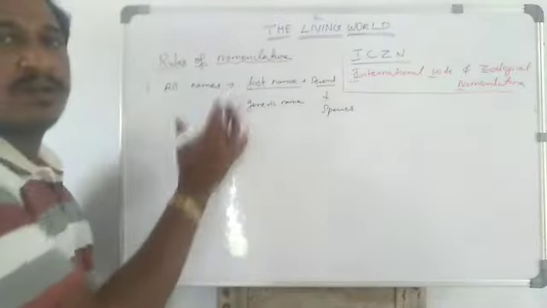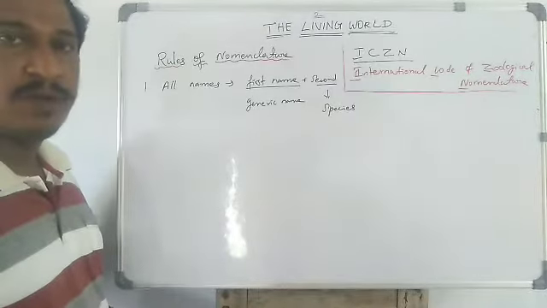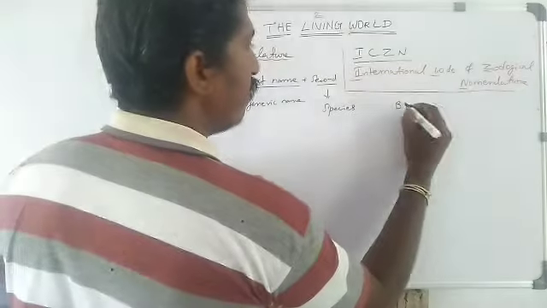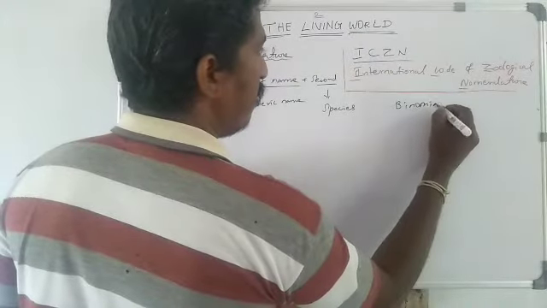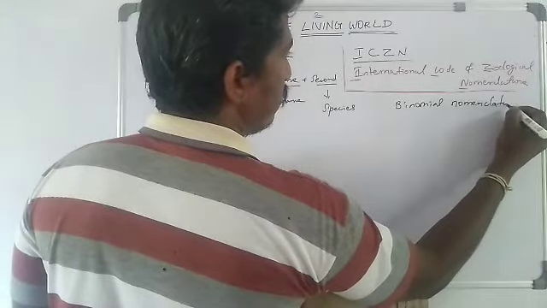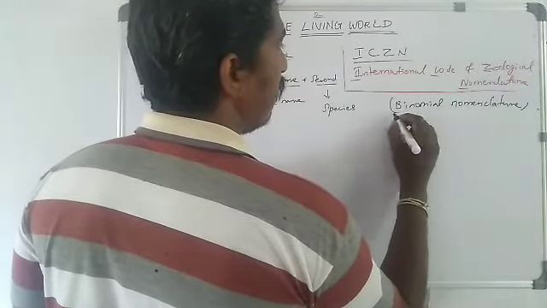This method of naming, binomial nomenclature, was proposed by Carolus Linnaeus.